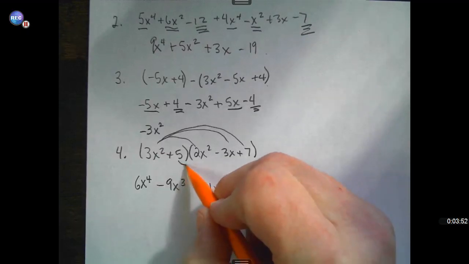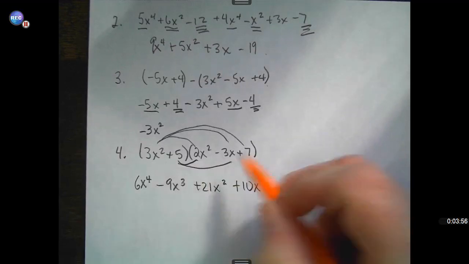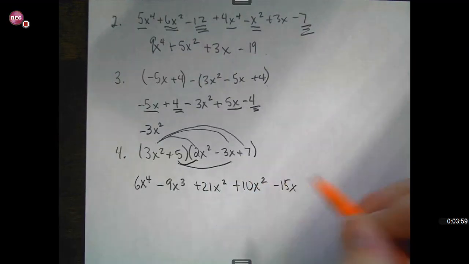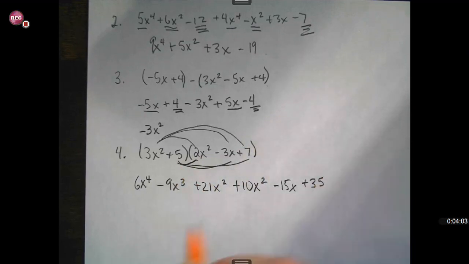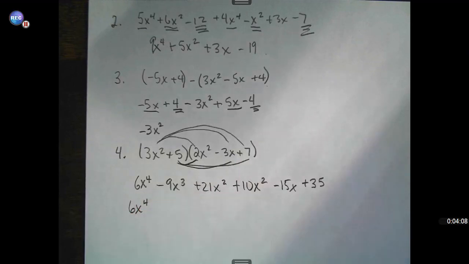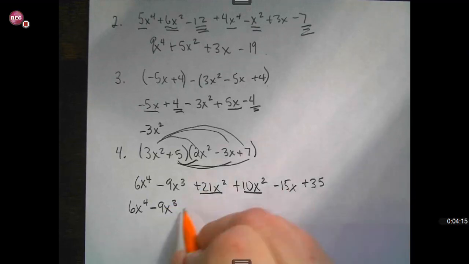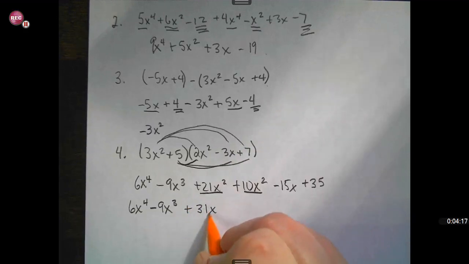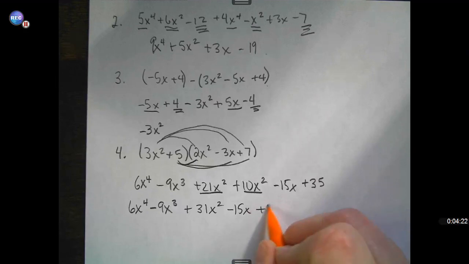Now distribute the 5, get plus 10x squared minus 15x, and then plus 35. And that gives me 6x to the 4th minus 9x cubed. Then I need to put the 21x squared and the 10x squared together and get 31x squared. Then minus 15x plus 35. Multiplied out and in standard form.